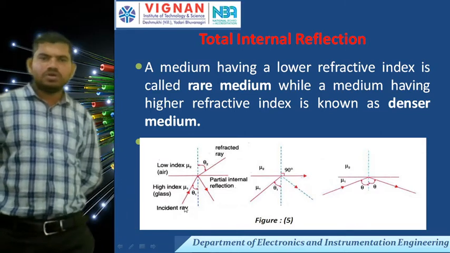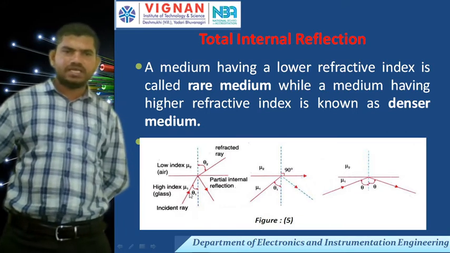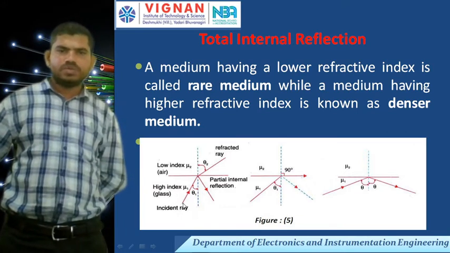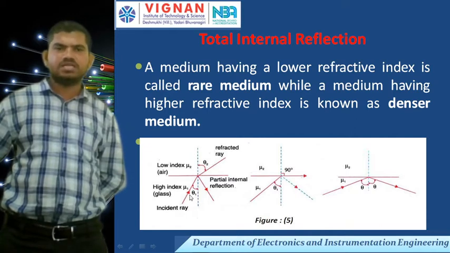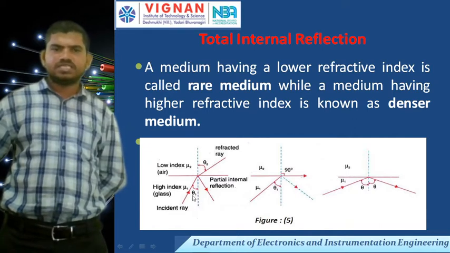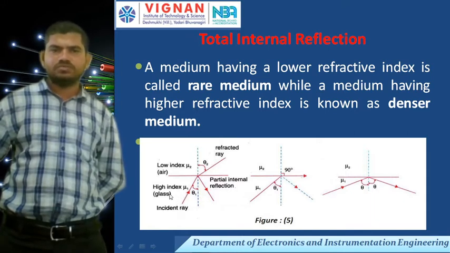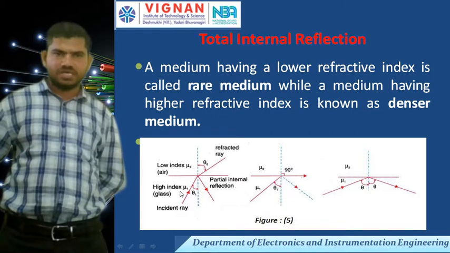Now I am transmitting my incident ray. Here this is my incident ray with an angle of theta i, or incident angle i. The refractive index of the incident side is mu1 or n1.